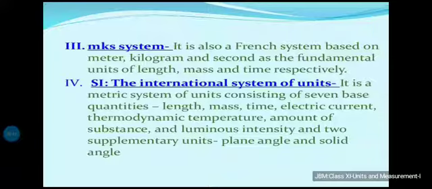Because SI units use the decimal system, conversions within the system are quite simple and convenient. It is a metric system of units consisting of 7 base quantities: length, mass, time, electric current, thermodynamic temperature, amount of substance and luminous intensity, and 2 supplementary units: plane angle and solid angle.